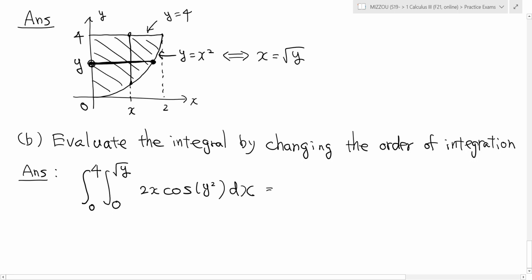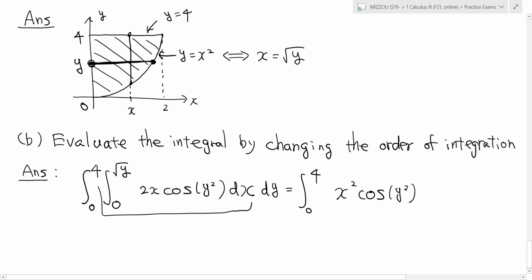And then all you have to do is just work this out. The integral from 0 to 4, I forgot dy. And then you integrate with x, you get x squared cosine y squared. This looks complicated, but it just stays there because it's treated like a constant.